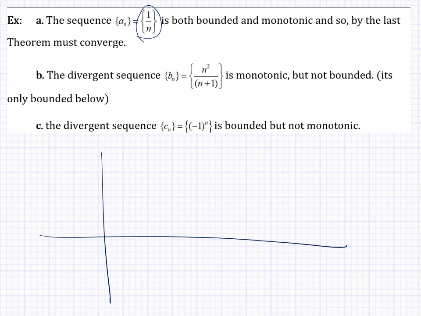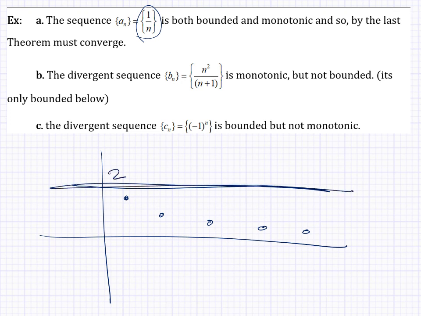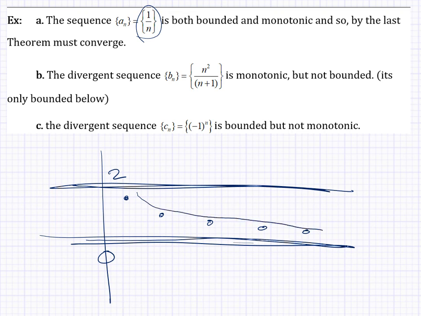So 1 over 1, 1 over 2, 1 over 3, 1 over 4, 1 over 5. There's this upper bound, something bigger than 1, and we could just call it 2. There's this lower bound here, which I could say is 0. So it's bounded above and below. And it's monotonic in that all the terms are decreasing. So we have all that going on, and therefore by the theorem the sequence must converge.